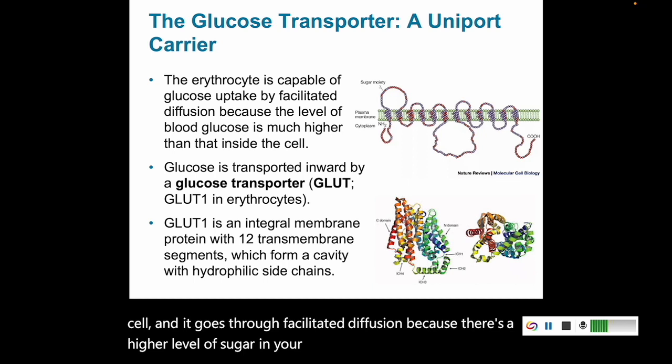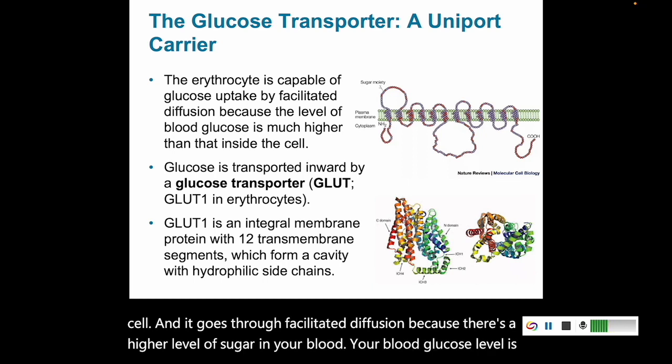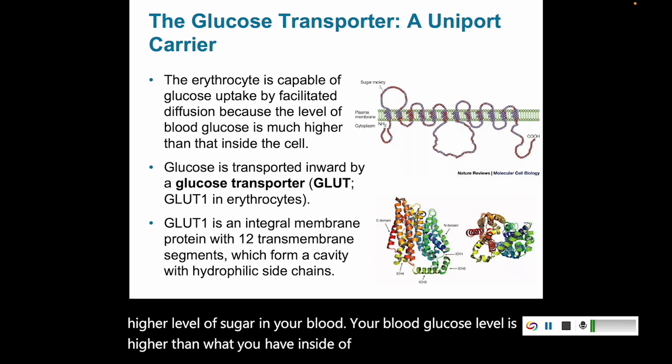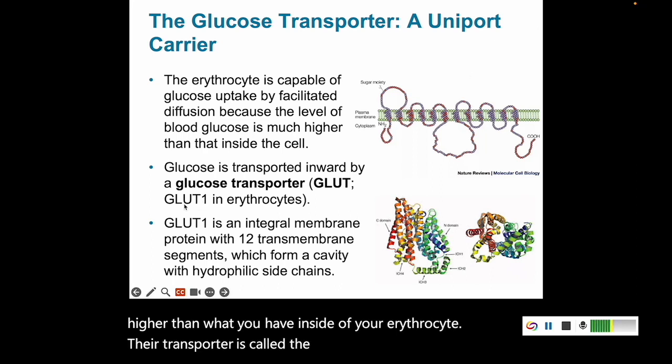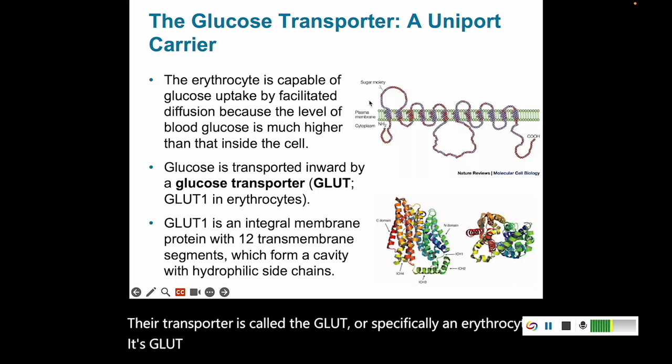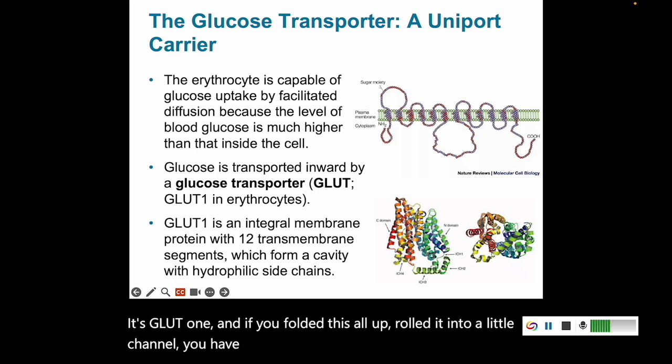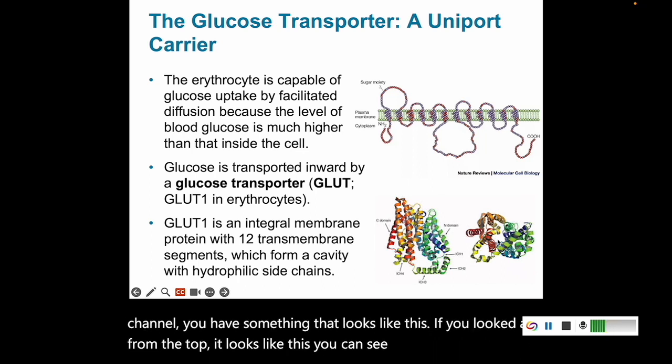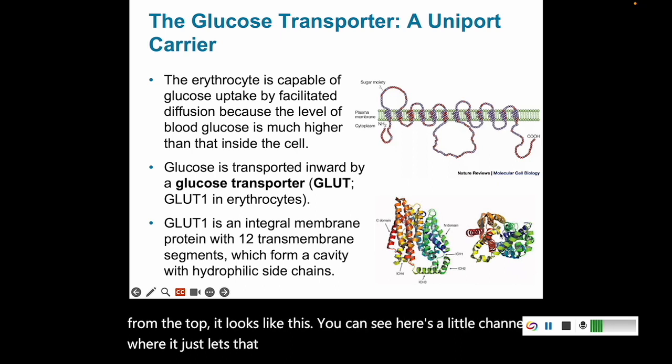Your blood glucose level is higher than what you have inside of your erythrocyte. This transporter is called the GLUT, or specifically in erythrocytes, GLUT1. And if you folded this all up, rolled it into a little channel, you'd have something that looks like this. If you looked at it from the top, you can see here's a little channel where it just lets that sugar go straight through.